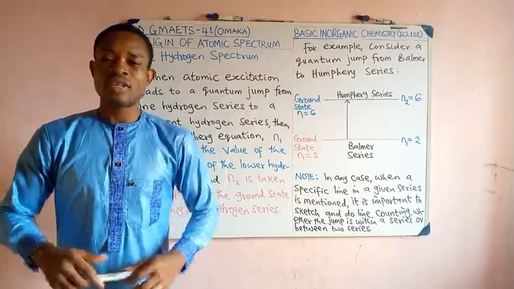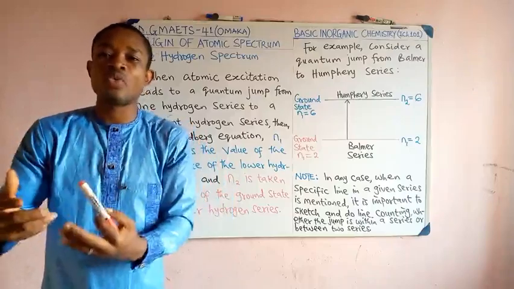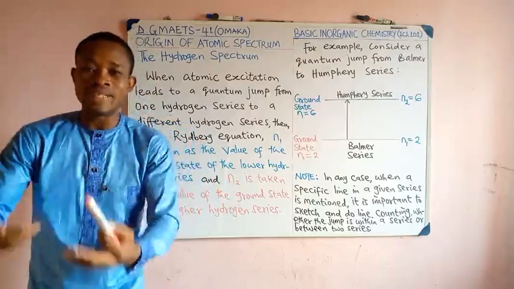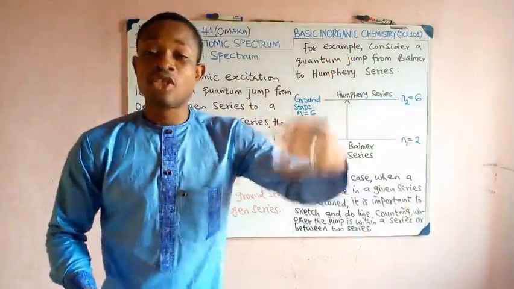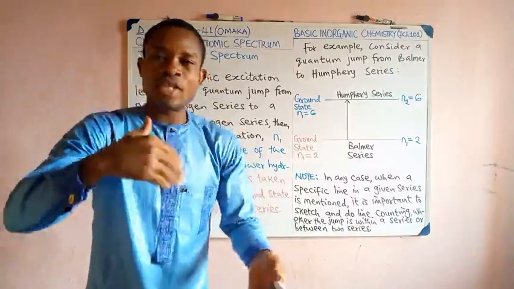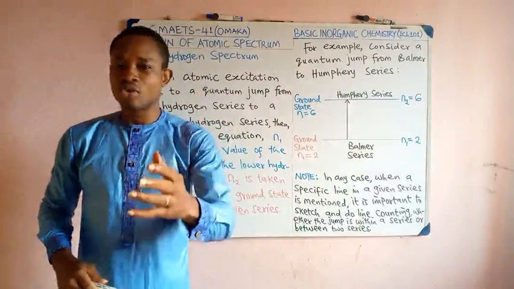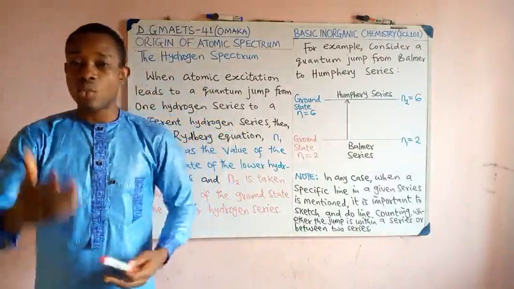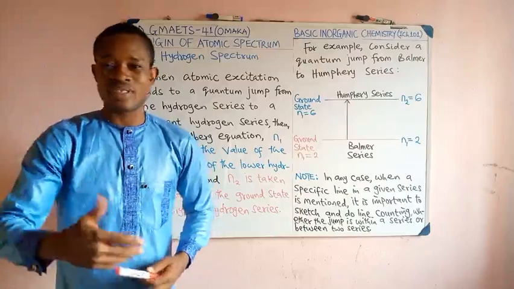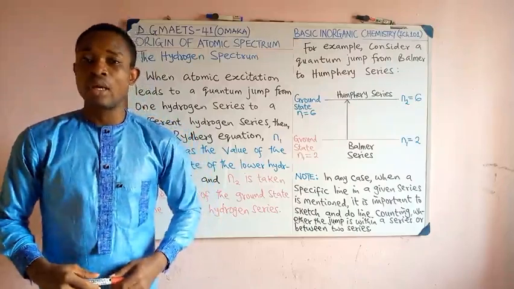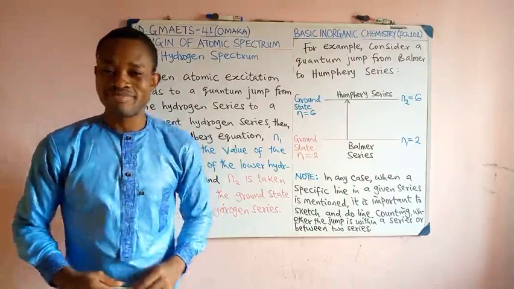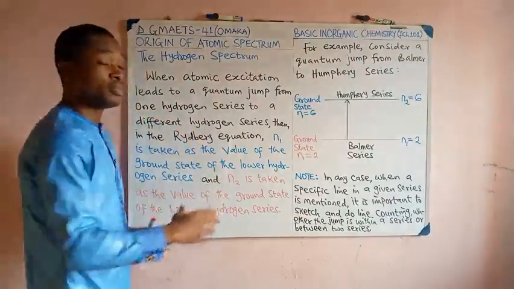In this case, there is no specification of the line where the electron jumped from and where it jumped to. The position of the line in the new series is not mentioned. How do you calculate the wavelength, the wave number, the frequency, or the energy, as the case might be, for such a situation?